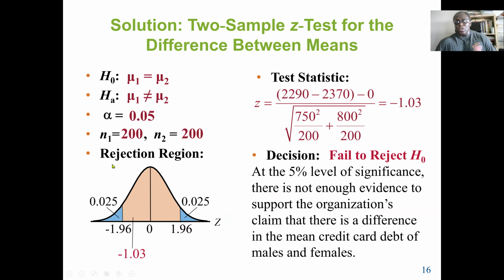Since it's 0.05 and it's two-way, mu1 equal to mu2 and not equal, we know the accepted and rejection regions. Then the sample sizes are given, so we can find our test statistic. If the Z value falls within the brown area, we accept H0. If it falls in the blue area outside, we reject H0.